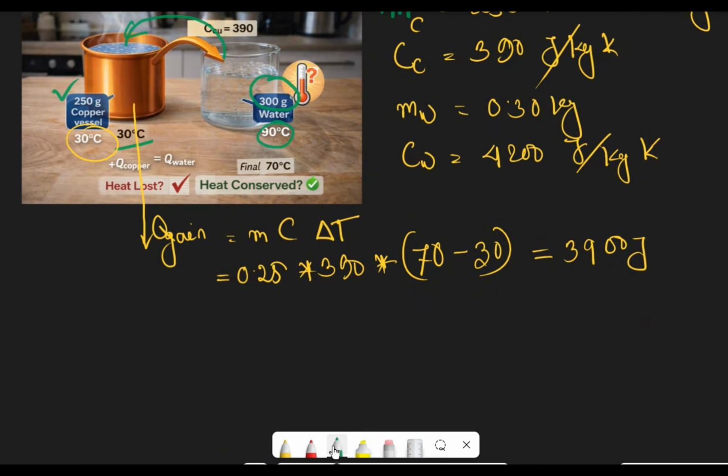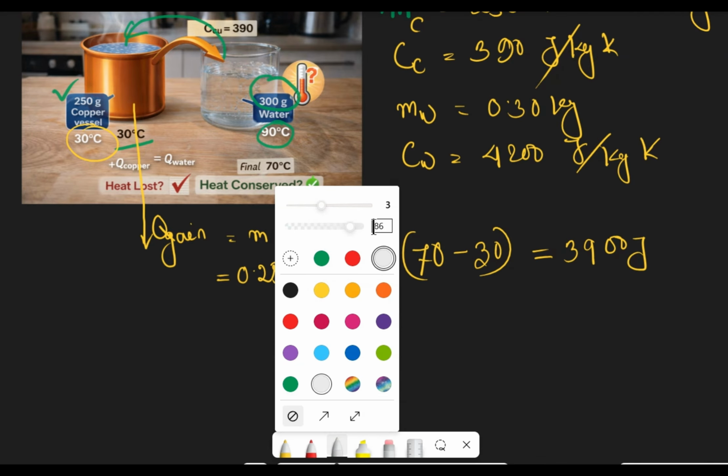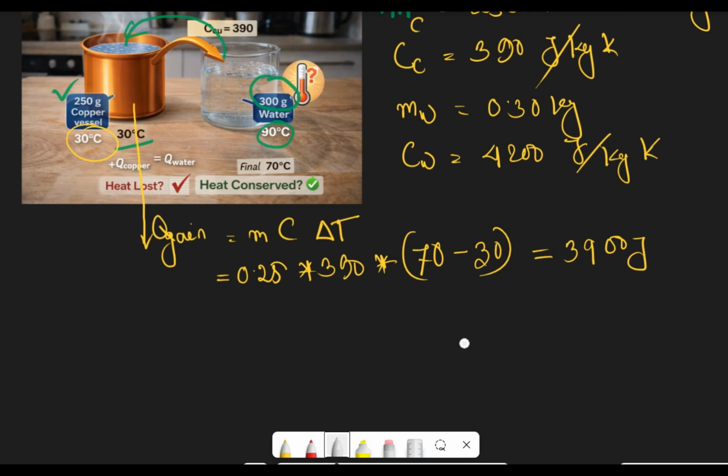And now the water. The water was at 90 degrees Celsius and the mixing temperature is 70, so what does it mean? The water actually lost its heat. So heat loss is equal to the same mcΔT, for water.